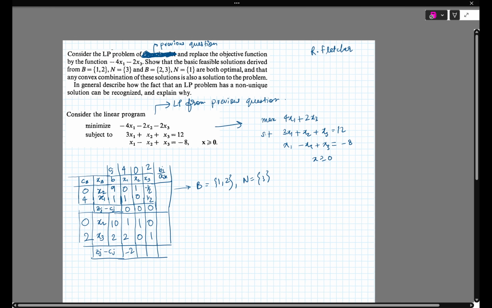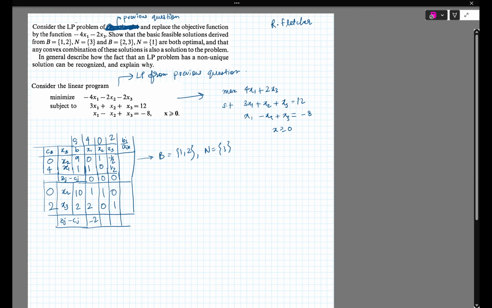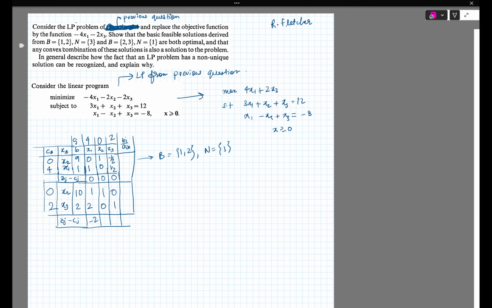What I am saying is, they're saying the basic feasible solution derived from b 1 to n equal to 3 and b 2, 3 n equal to 1 are both optimal. That means for both sets I should get greater than or equal to 0, right? Maybe in the next iteration we will get it, because the entering variable will be -2 if it is most negative.